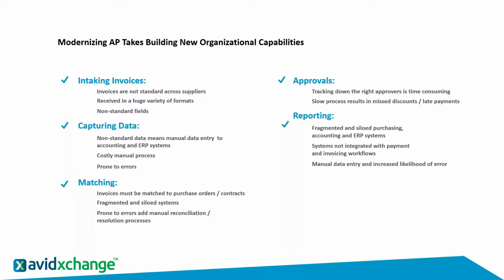We also take a look at how the invoice is matched. So when you're entering that into your ERP, if it has a purchase order attached to that, where does that then need to be matched in the solution? Is it a manual process right now? If you're not using a purchase order, how do you track down the right approvers?